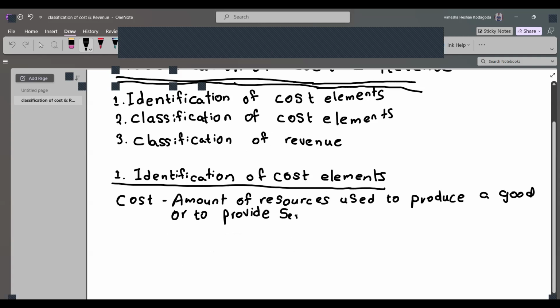That is the term called cost. Cost means the amount of resources used to produce a good or to provide a service, right?